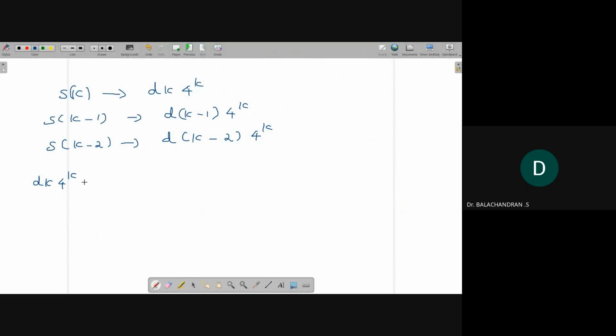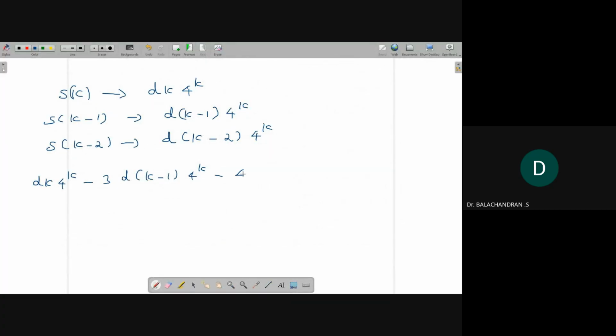Next, minus 3 times s of k minus 1 is, there is no need of bracket, d into k minus 1 into 4 power k minus 1. Next, sorry, minus 4 times s of k minus 2 is d into k minus 2 into 4 power k minus 2.